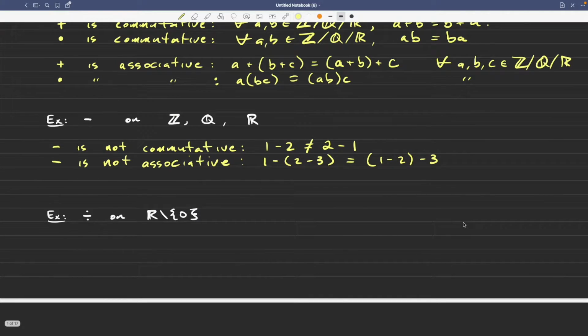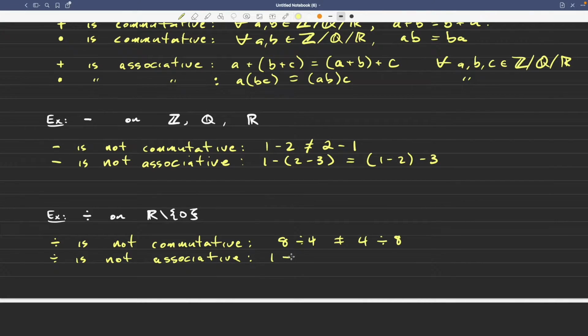How about division? Well, again, I think we know that division is not a commutative operation because it makes a difference which way you divide, right? So here we're doing this on the reals minus 0 so that we avoid dividing by 0. If you do 8 divided by 4, that's not the same as 4 divided by 8, because on the left-hand side you get 2, and on the right-hand side you get 1/2. Division is also not associative.